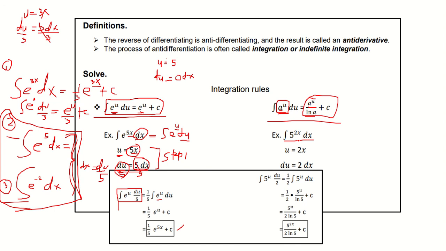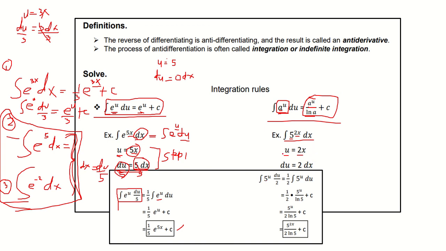5 to the 2x dx, our a to the power, ang a naton is 5. Ang u naton kay 2x. So, 2x. Ang du naton ay 2dx. And you've got du over 2 is equals to dx.